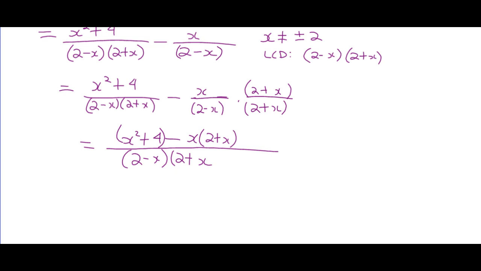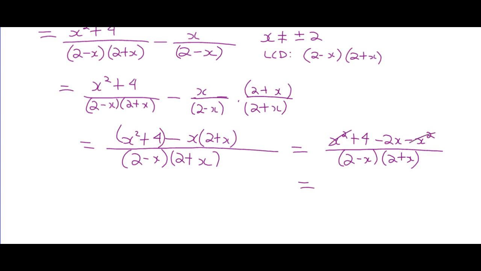That has to be kept in brackets because this minus sign is going to distribute through, making this minus 2x minus x squared. Okay. So now removing brackets from the top, x squared plus 4 minus 2x minus x squared over 2 minus x, 2 plus x.